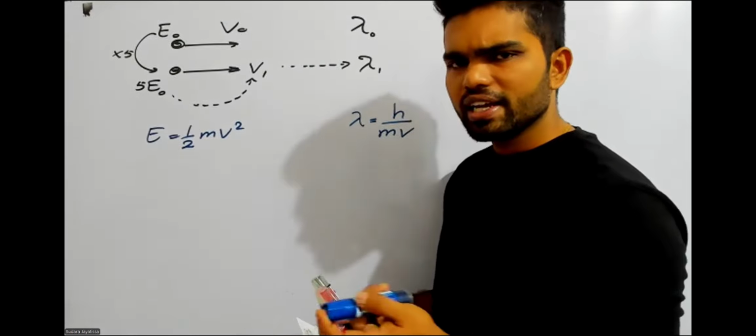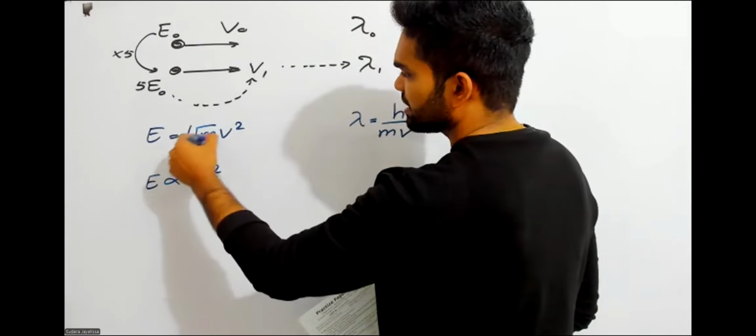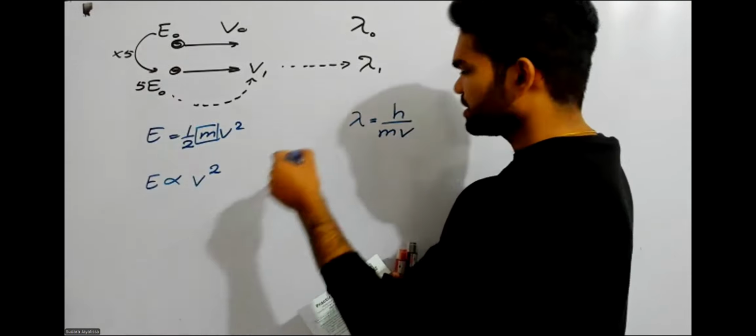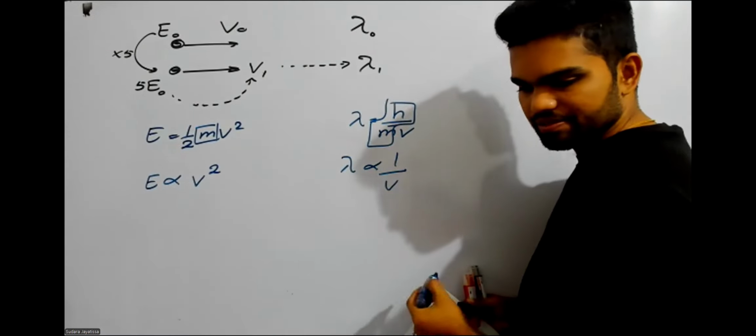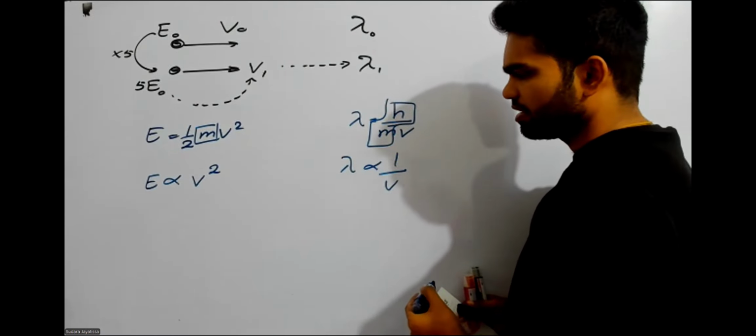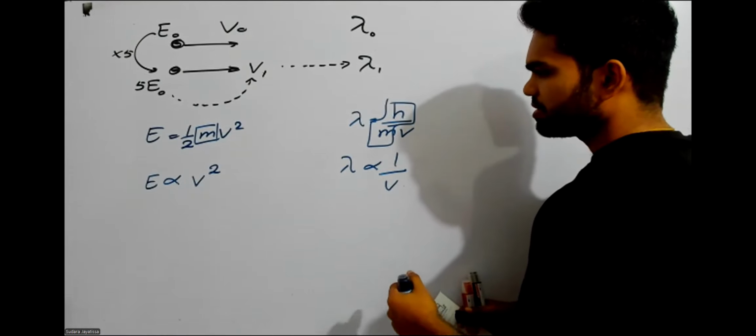This is a good question anyway. Kinetic energy is proportional to the square of the speed, because m is constant. It is the same electron we talk about, so m and h are both constant. And wavelength is inversely proportional to the speed. So you have to match these two.